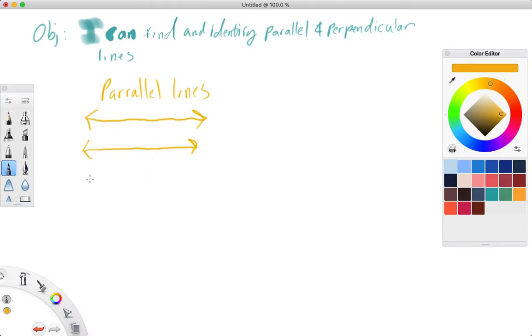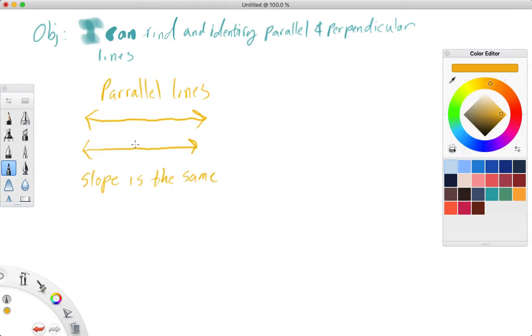The better way of saying this is our slope is the same. If we ever have two lines with the same slope, it doesn't matter where we go, they're going to be the same distance apart. They're not going to ever cross. So slope is the same.